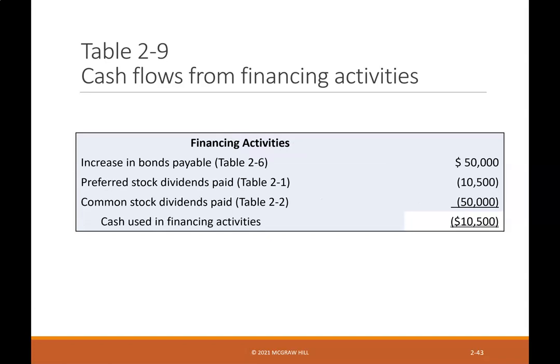Table 2-9, cash flows from financing activities. Financing activities. Increase in bonds payable, 50,000. Preferred stock dividends paid, minus 10,500. Common stock dividends paid, minus 50,000, for total cash used in financing activities, minus 10,500.